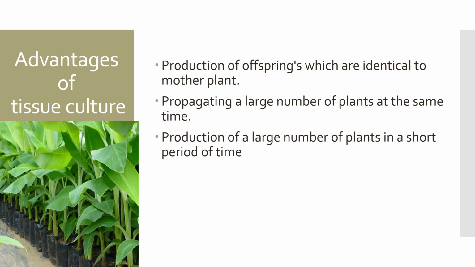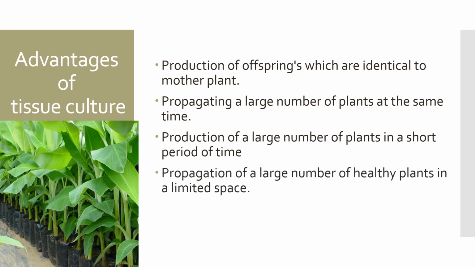Earlier we discussed the other three methods of artificial vegetative propagation. There we could obtain only a few plants at a time. But here, by using a single piece of tissue, we can obtain a large number of plants. So this is a main advantage of doing tissue culture.